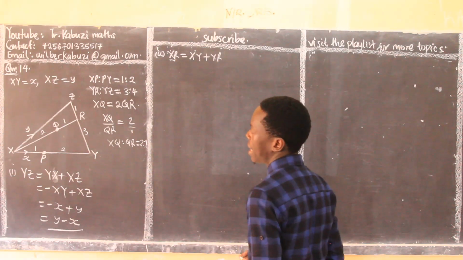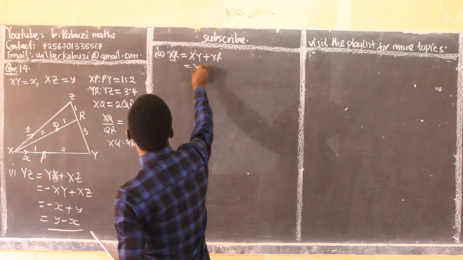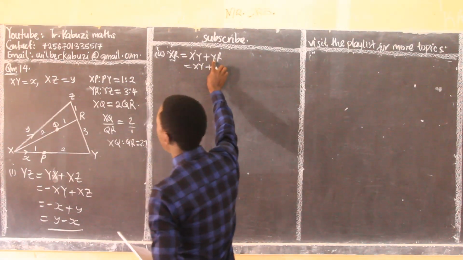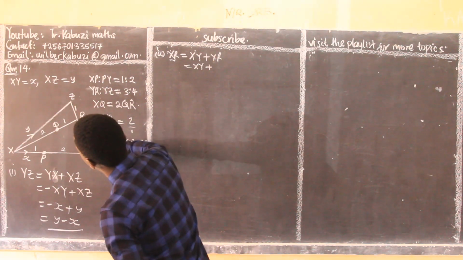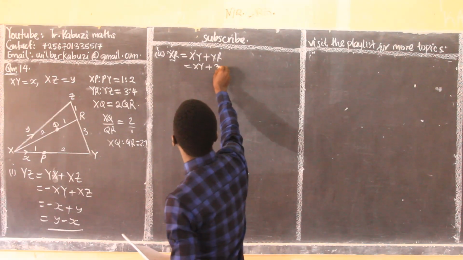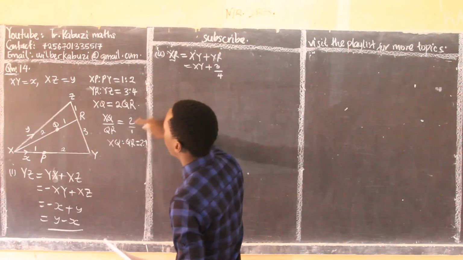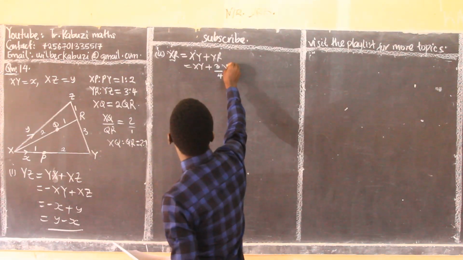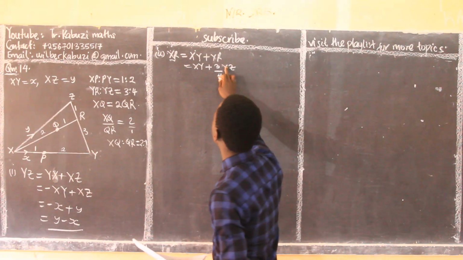So now, my XY, I've not changed any direction, so it remains there. So XY plus my YR. My YR is the segment on this. So YR has a ratio of 3 over the total ratio, which is 4, of the line YZ. As simple as that. So now we'll do the substitutions.